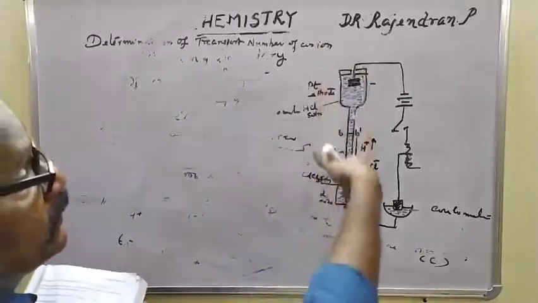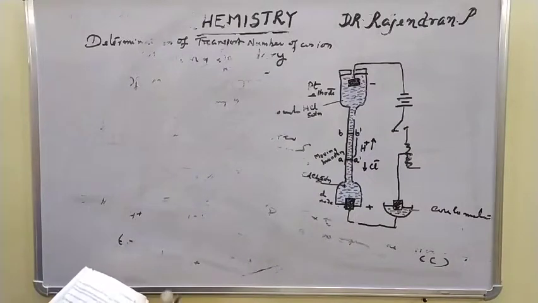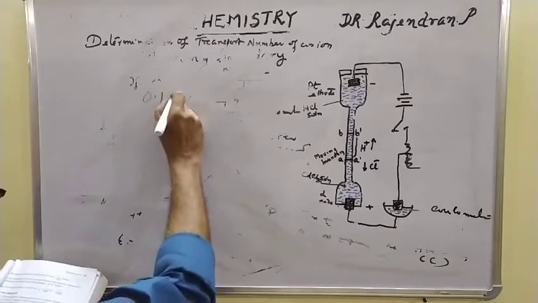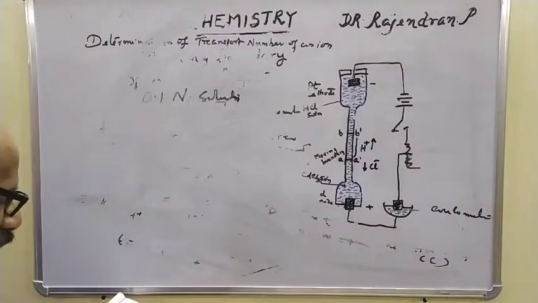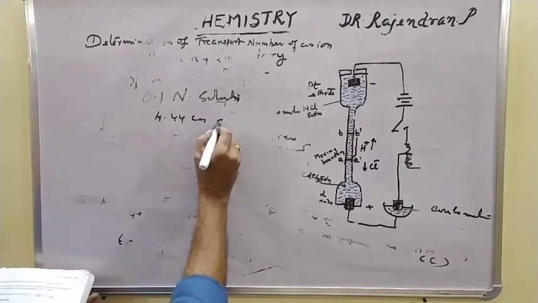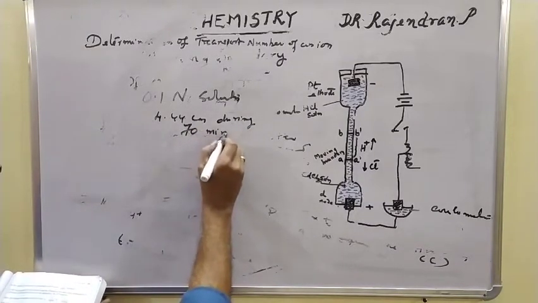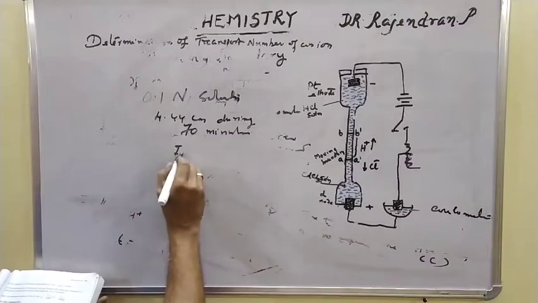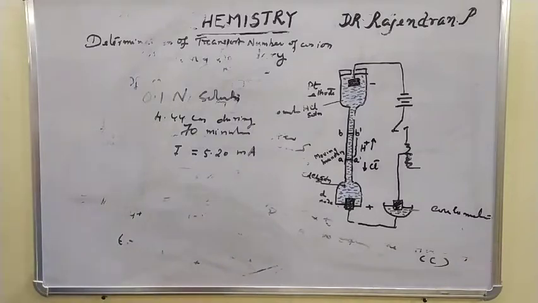So the experimental setup, or apparatus, you have gone through. Here is a problem. In a moving boundary experiment with a 0.1 normal HCl solution, the boundary moved 4.44 centimeters during 70 minutes, when a current of 5.20 milliampere is employed.